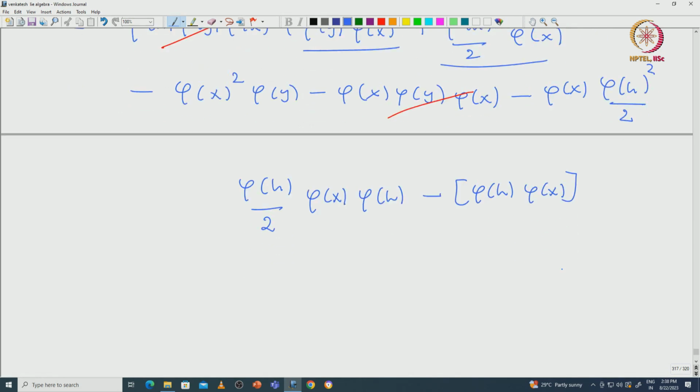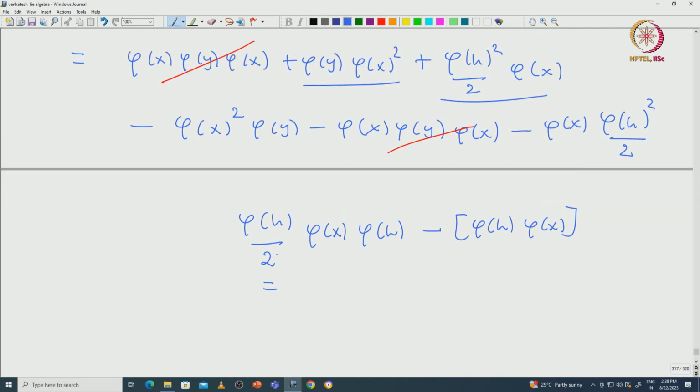So, this term that I am computing, let me call it term 2, is phi h by 2 times phi h phi x, where you replace phi h phi x by phi x phi h minus this bracket, and here phi h by 2 will stay.